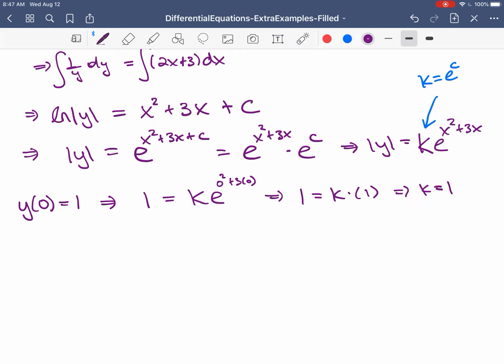So if you would have left it the c, you would have got c as some ln of some value. So k is 1. So that means our particular solution is y, or absolute value y, is equal to 1 times e to the x squared plus 3x.